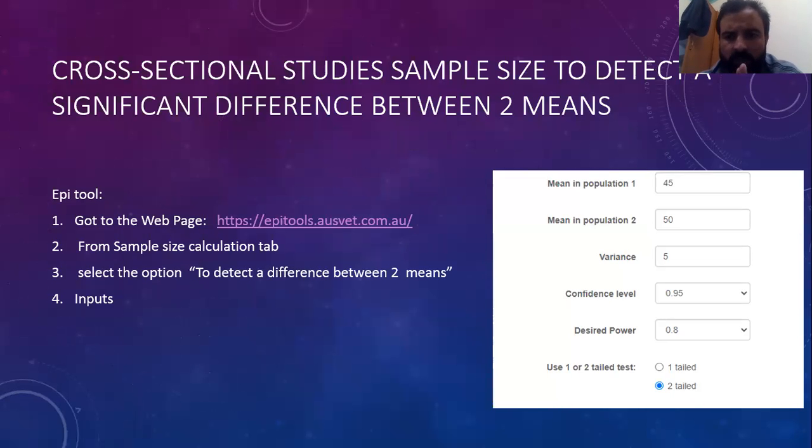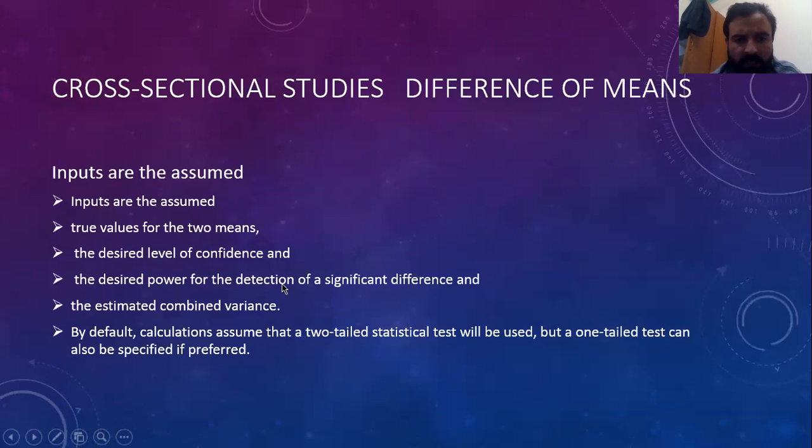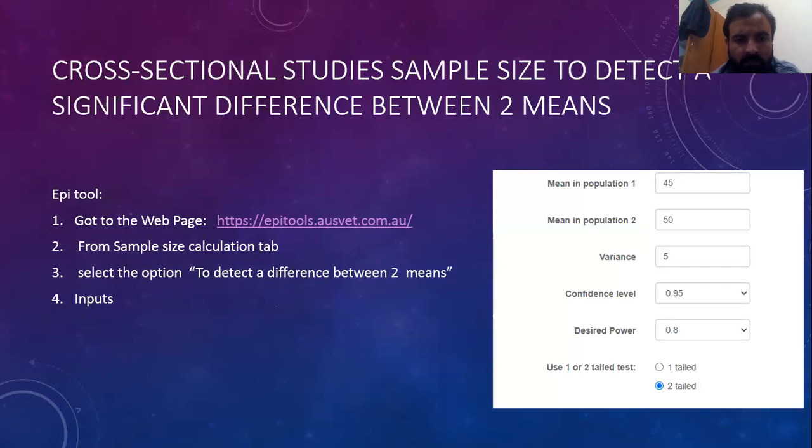For sample size calculation, we need again to go to the web page of eptool.ausvet.com.au, and from the sample size calculation tab we select the option to detect a difference between two means.